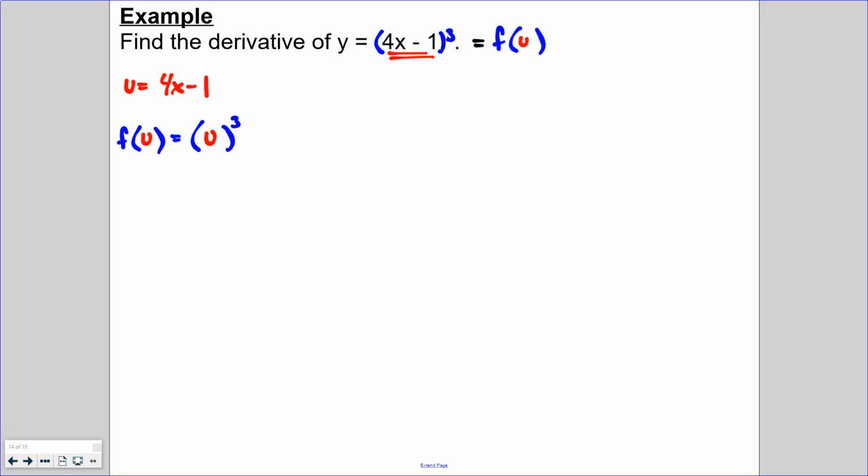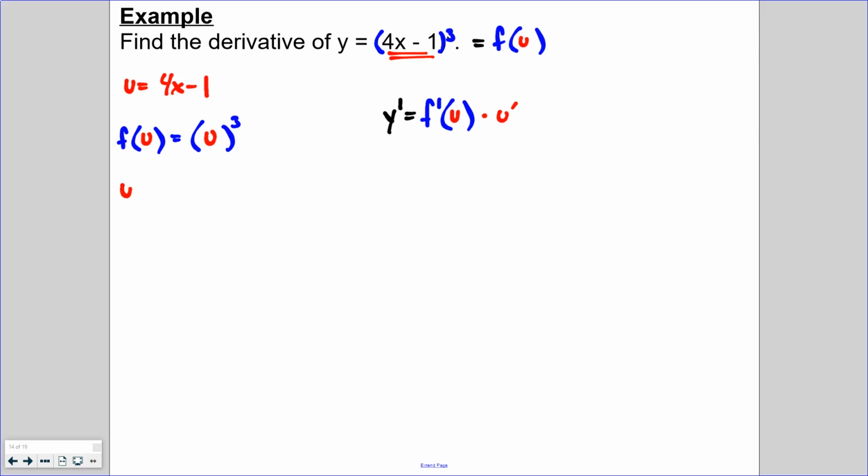So if we want to take the derivative, so if we want to do f prime, that's going to be derivative of the outside, so f prime, we're going to leave the u alone, and then we're going to multiply by the derivative of u. So we still need a couple more pieces in order to evaluate this derivative.